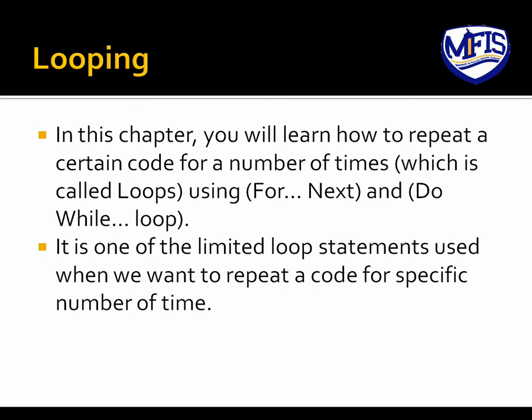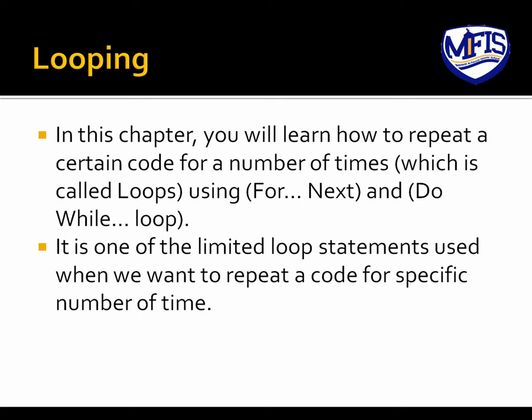We have two statements to express looping. The first one is for next statement and the second is do while loop. As we agreed in the previous chapter, each chapter contains a specific statement.